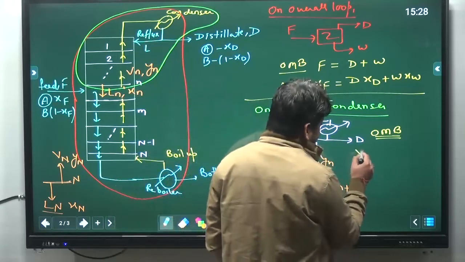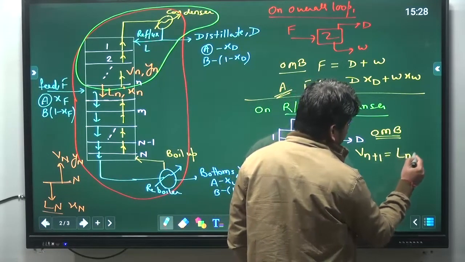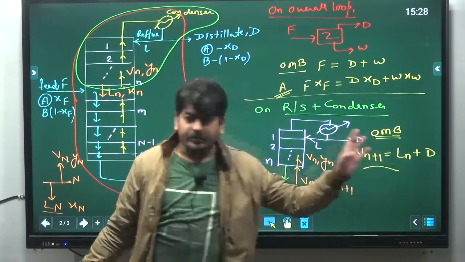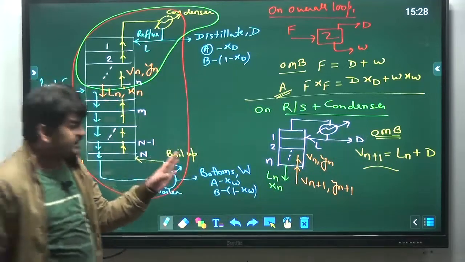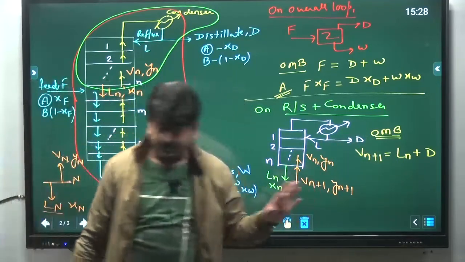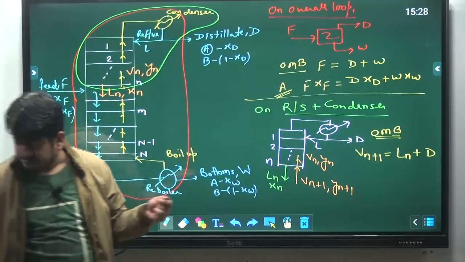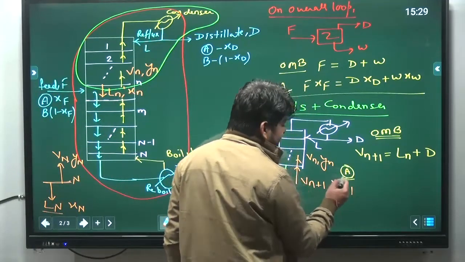So total moles in Vn+1 equals total moles out Ln plus D. Can you understand this overall mole balance for this section? Guys, is it clear? Okay, wonderful.